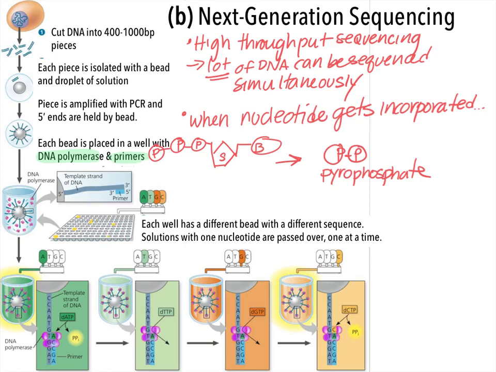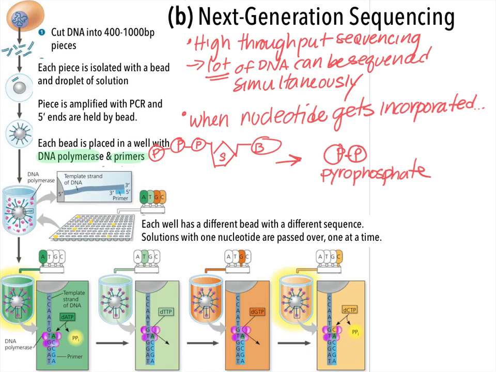I'm skipping some details about how that little light signal gets released, but that's what's going to happen. It's going to get released as a result of the pyrophosphate being released. And so there will be a little flash of light wherever the A nucleotide was incorporated. And a computer will be able to record in which wells you saw a flash of light.